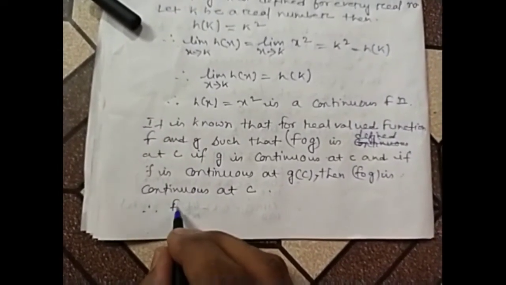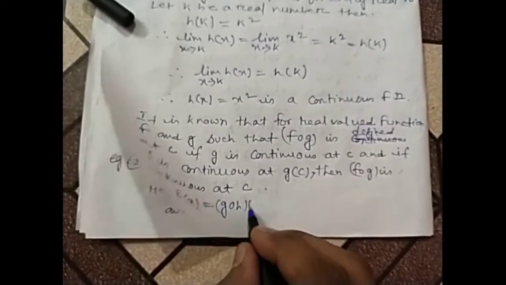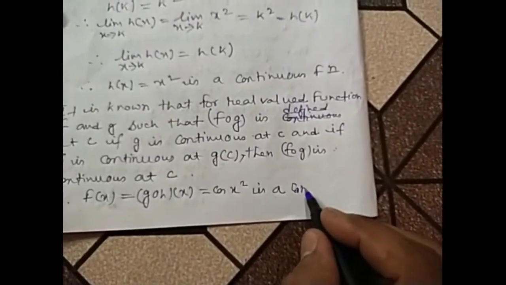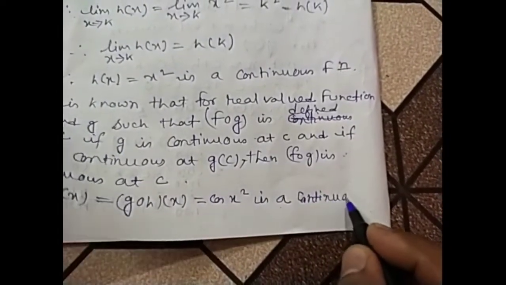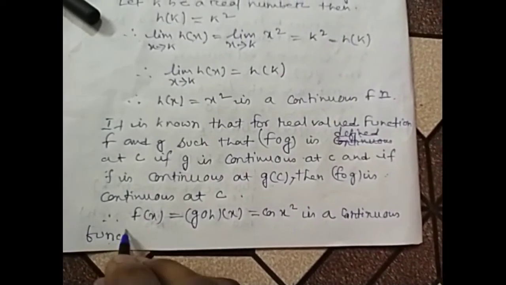Therefore, f(x) equal g o h of x equal cos of x square is a continuous function. Okay, so this was the proof.